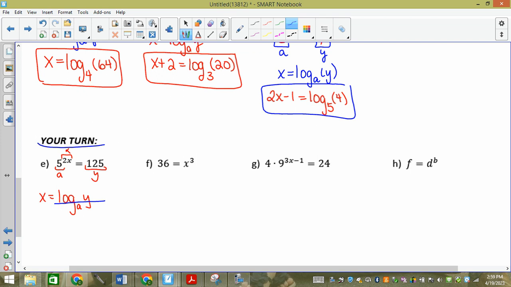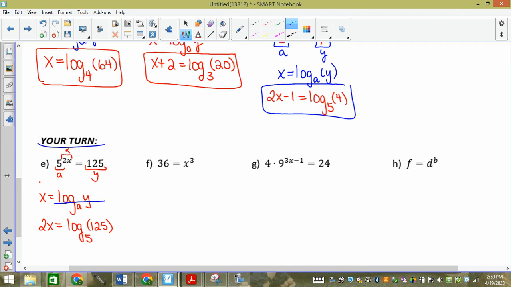So y isn't actually an exponent unless y had its own exponent or something in it. Good question. So this is going to be 2x equals log, and what's base a? 5, and then at the same height as log would be 125 in brackets. Thank you for that question. That was a really good question.